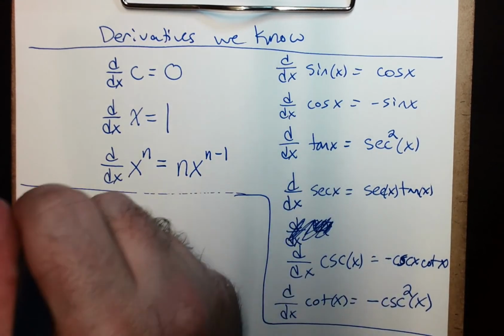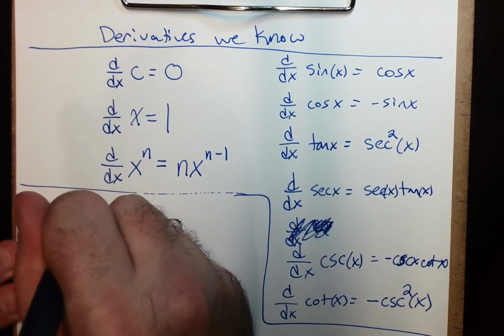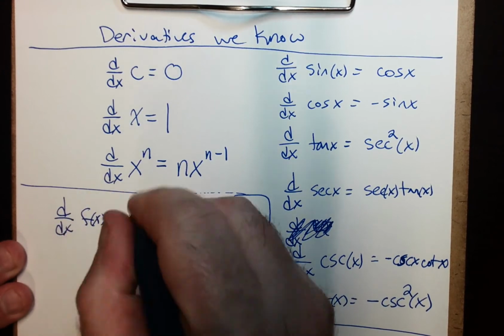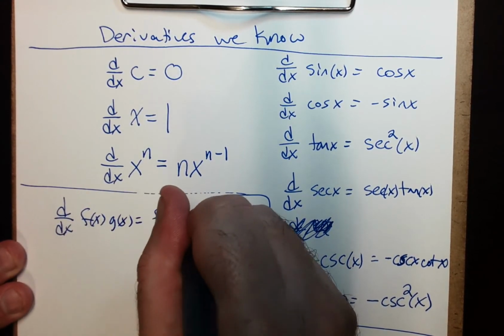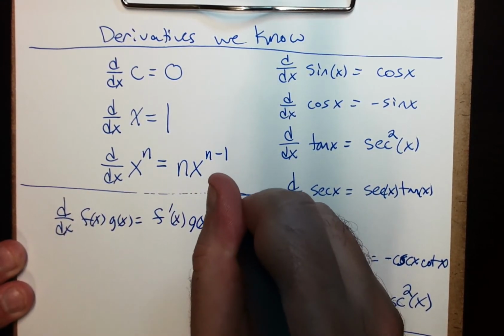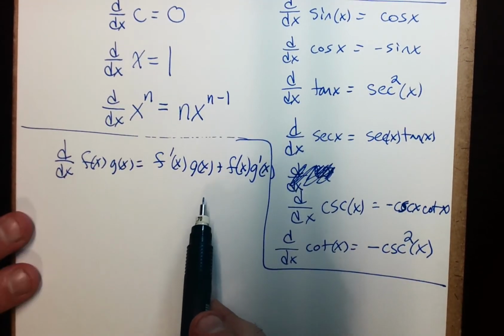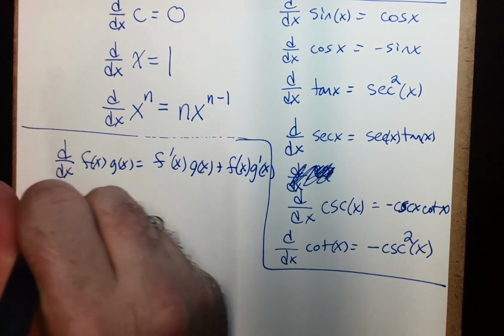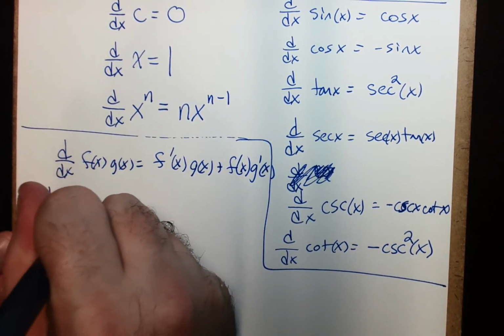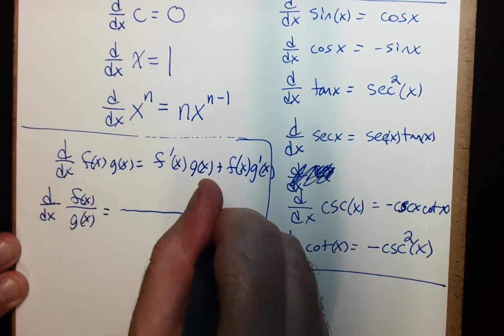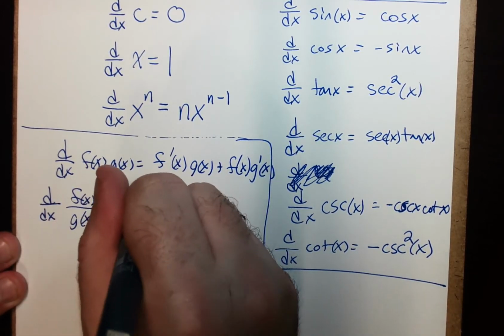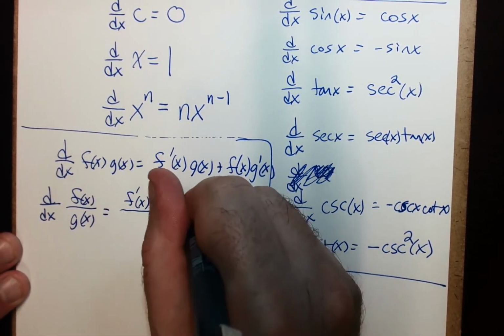We do also know the chain rule and the product rule and the quotient rule, which I'll also write here. So we should also know the derivative of f of x, g of x is f prime g plus f g prime.